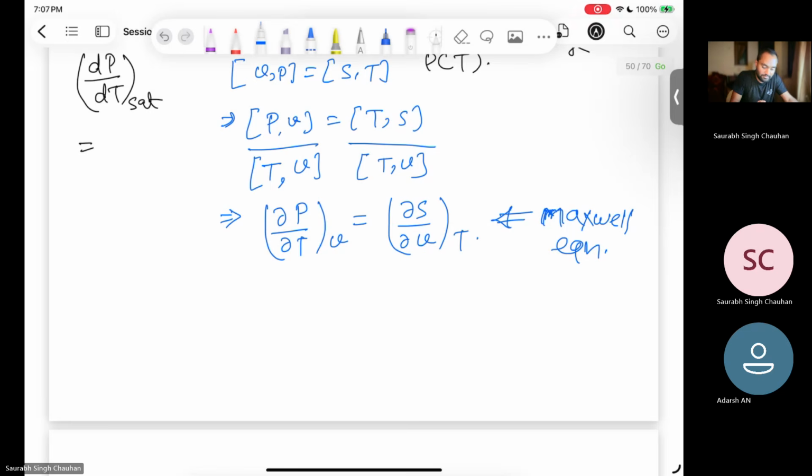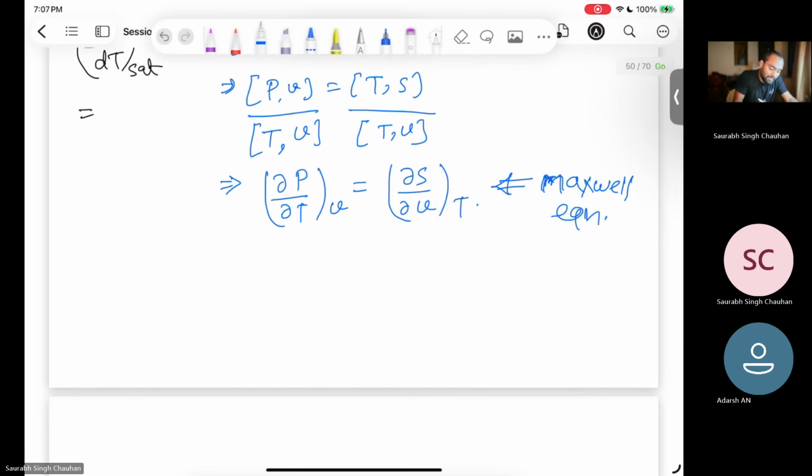So we will start with this particular Maxwell equation. We discussed that during phase change, this pressure is not a function of volume or any other thing. It is only a function of temperature. So this partial derivative can be written simply as the simple derivative during the phase change.